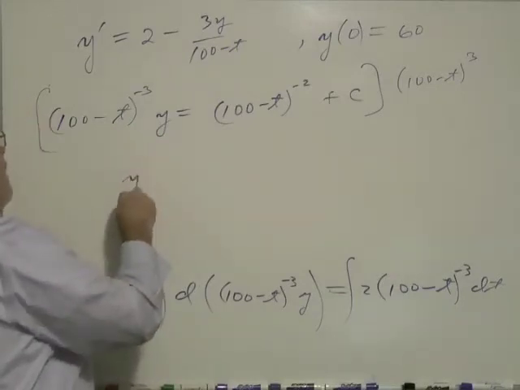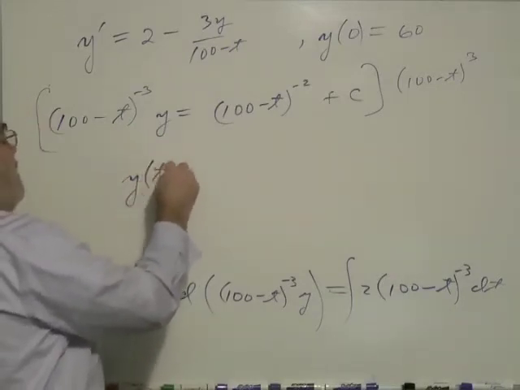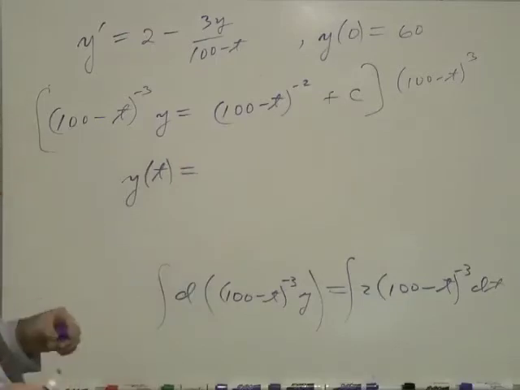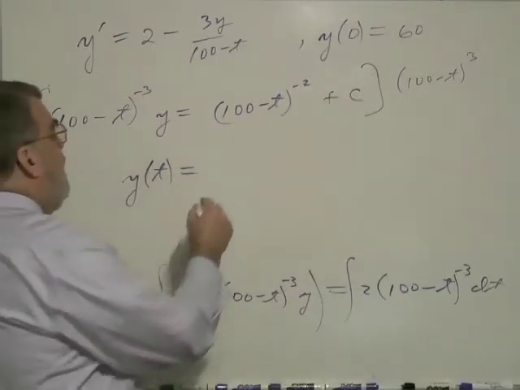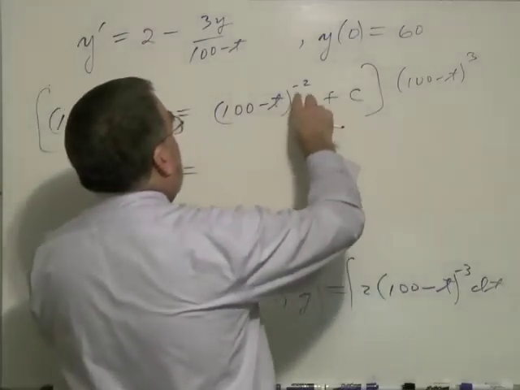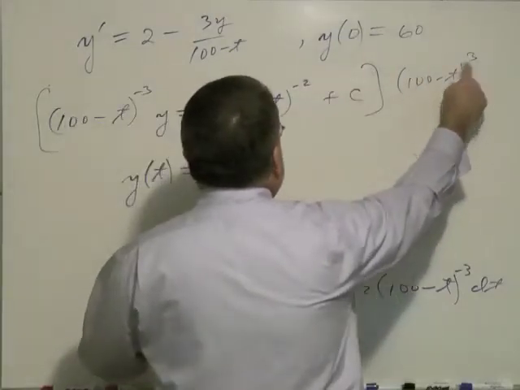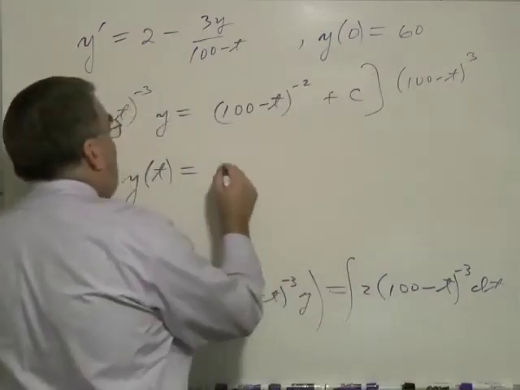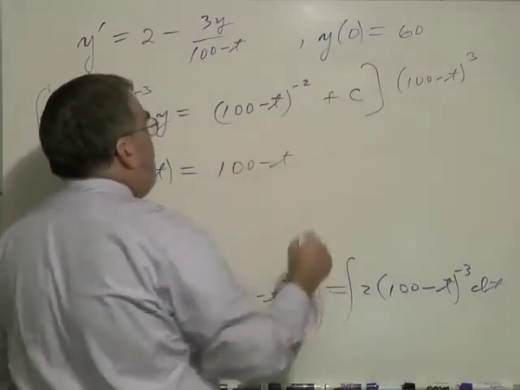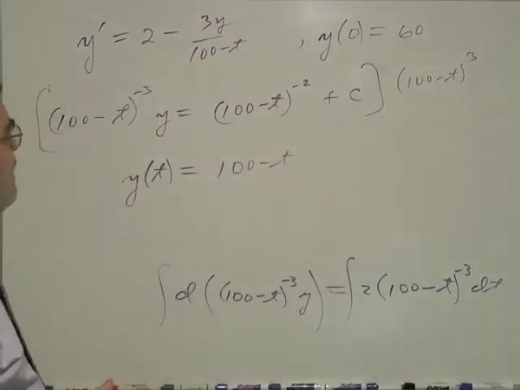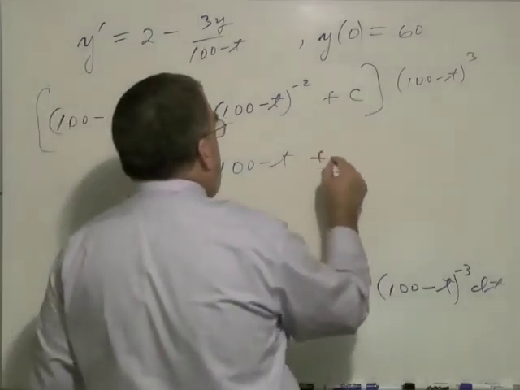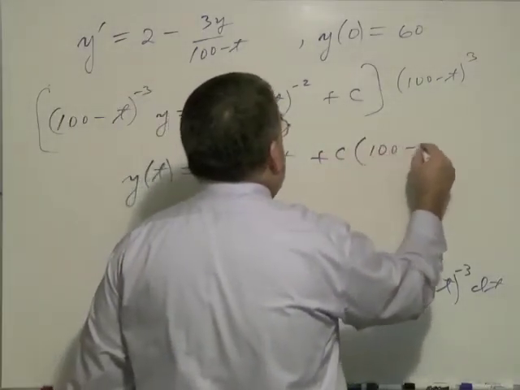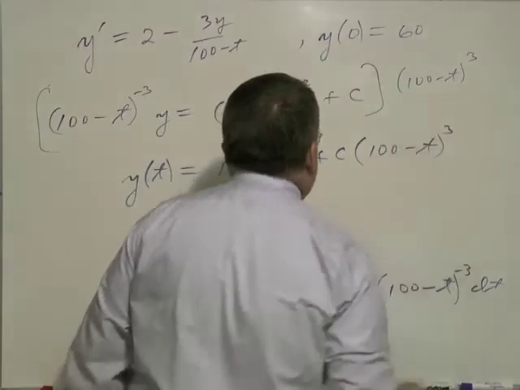So my left side is y, and y is a function of t, so I could write that as y of t equals, so here I've got a negative 2 power times something to the positive 3. That leaves a first power, so I have 100 minus t to the first. I just write that as 100 minus t plus constant times 100 minus t cubed.